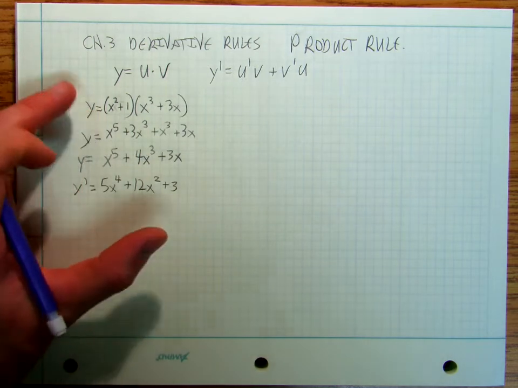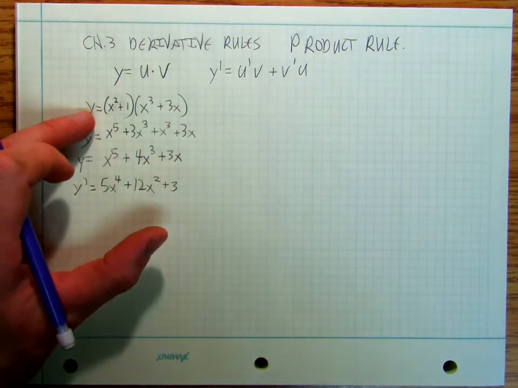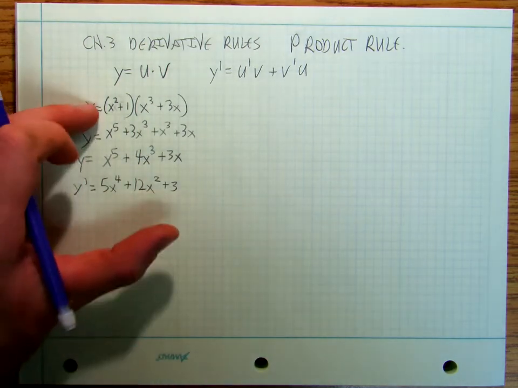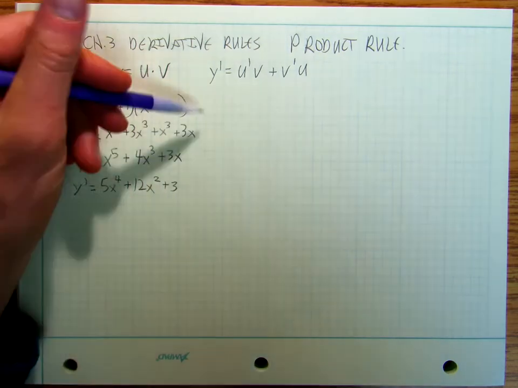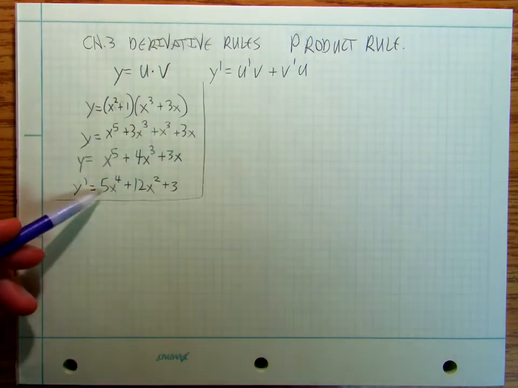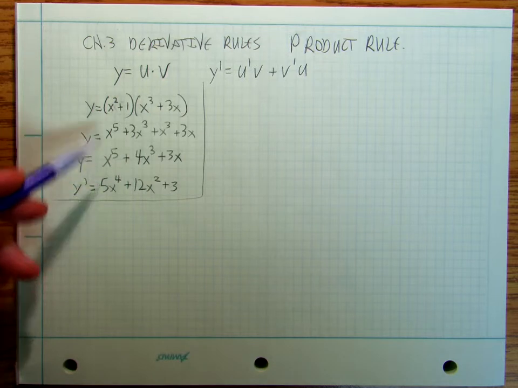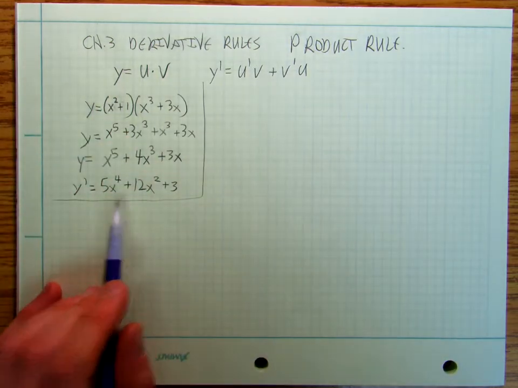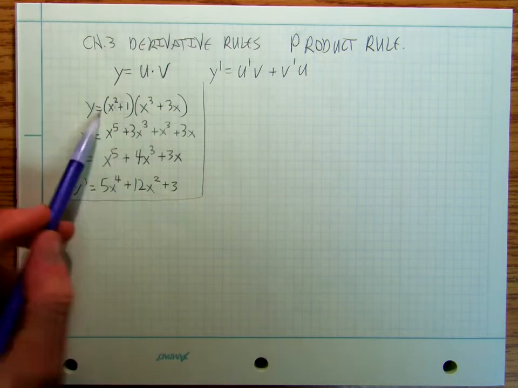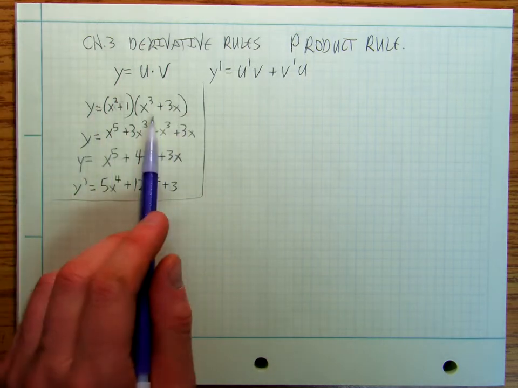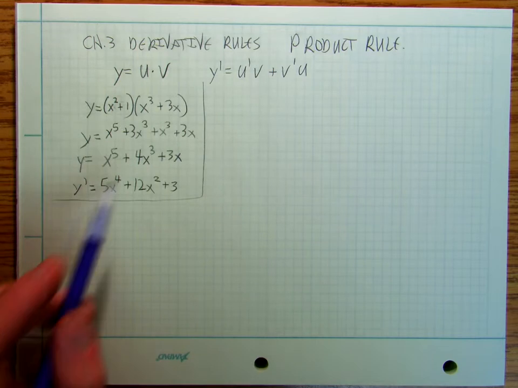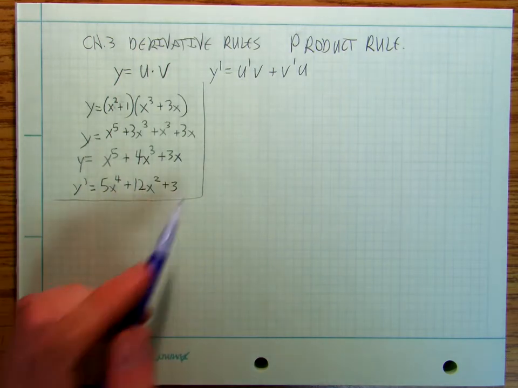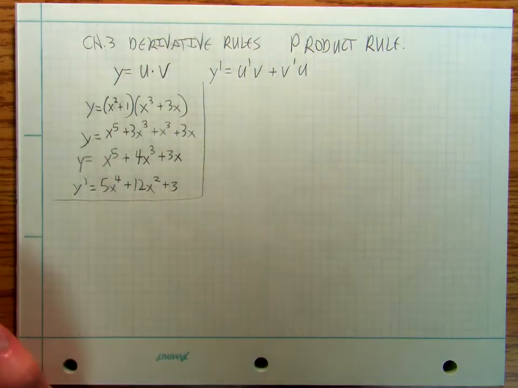This is not a product rule problem, but we're going to use it as an example because now we know what the answer is. So using the new method, we should hopefully get the same answer. So we're going to use product rule on this one where we don't need to, and then I'll give you some product rule examples where you absolutely need to use the product rule. There's no way around it.